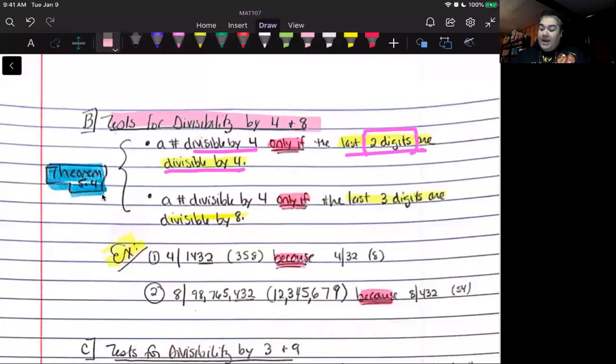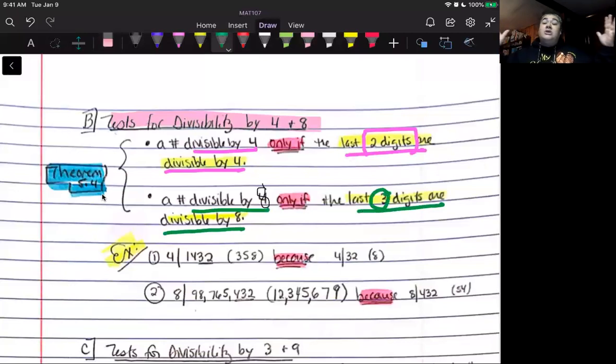Now, it also says, and this is a typo, this should be 8 right here, so we're going to correct that. It says a number is divisible by 8 only if the last 3 digits are divisible by 8. Okay? So for 4, it's got to be the last 2. For 8, it's got to be the last 3.